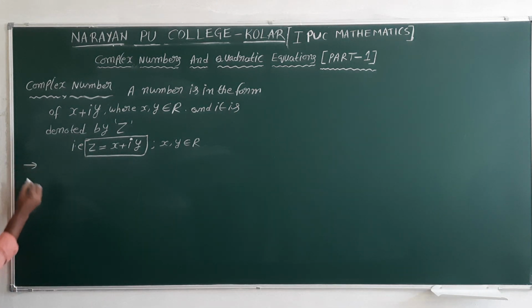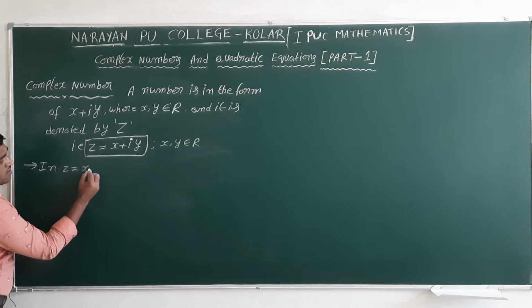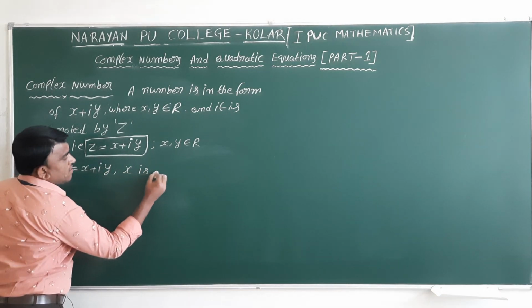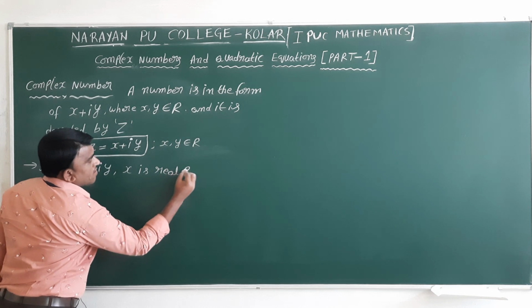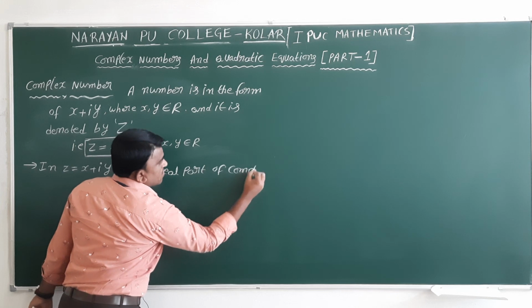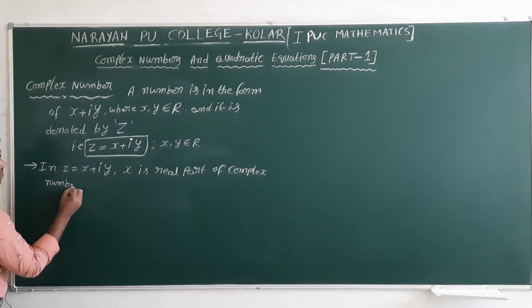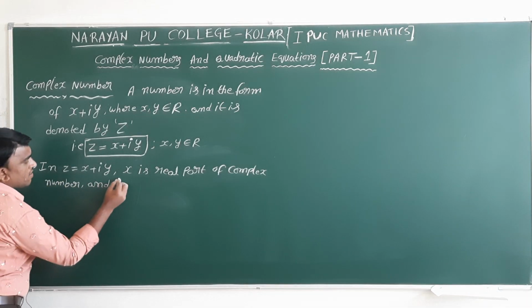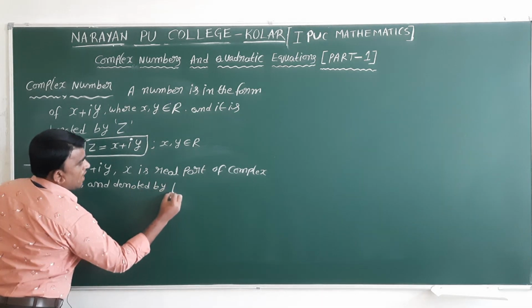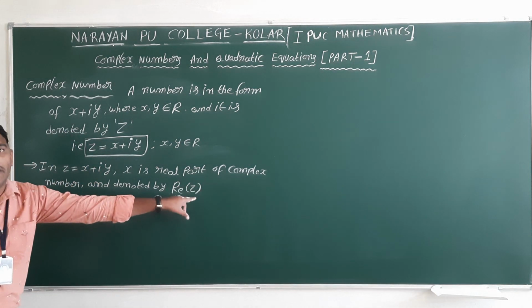So in z equal to x plus iy, x is the real part of the complex number, and it is denoted by Re of z. Re is nothing but real part of z.